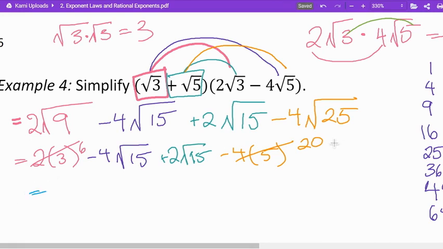I've got 6 minus 20, which is negative 14. And then negative 4. And watch here. The root 15 doesn't change. We're not going 15 minus 15. But we are subtracting the coefficient. Negative 4 plus 2 is negative 2 root 15.